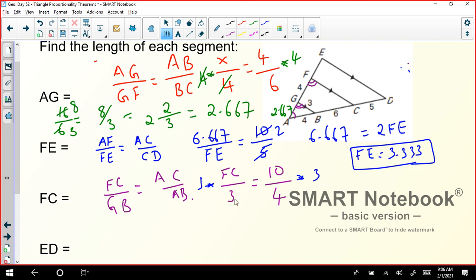And you will have 10 over 4 times 3, which is 7.5. Same way, all of you try ED. I'll give you another minute. Please complete ED. Let's see if you can get that correctly.